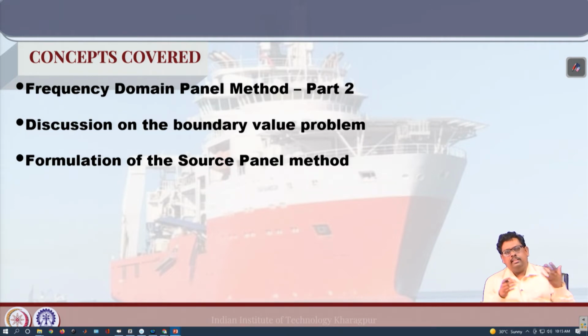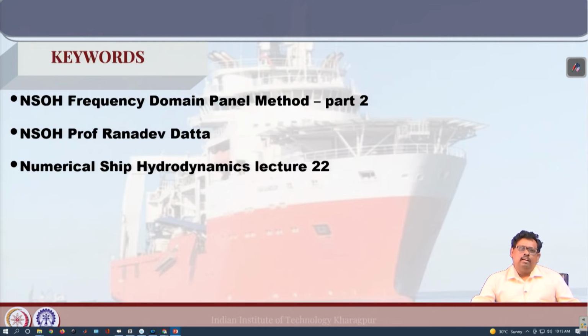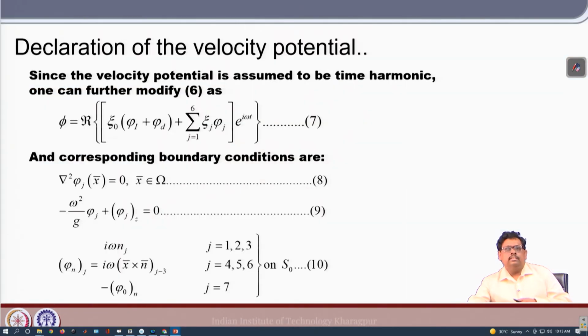However, the classical software like WAMIT and others prefer to use the source panel method. So, therefore, we are going to discuss that also. So, these are the keywords that you are going to use to get this lecture. Okay. So, now let us jump into this equation.